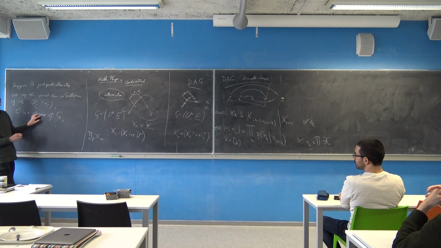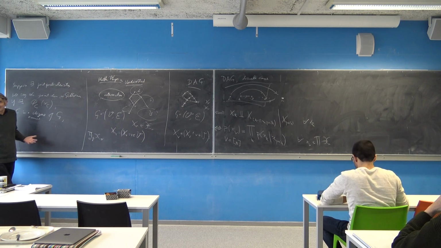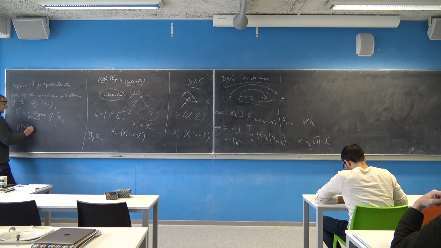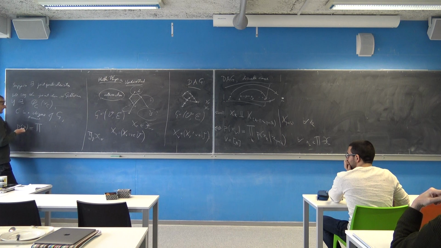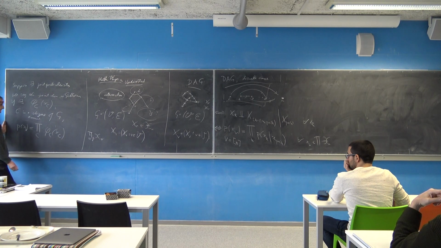It's not going to make a difference, because otherwise we just change the functions. If you like, I could write a complete subgraph, or a maximal complete subgraph, and it will still be true because it's just a question of redefining these functions, which are very much not uniquely defined. There are many ways to find such functions, such that Px is the product over C of phi C of x_C.